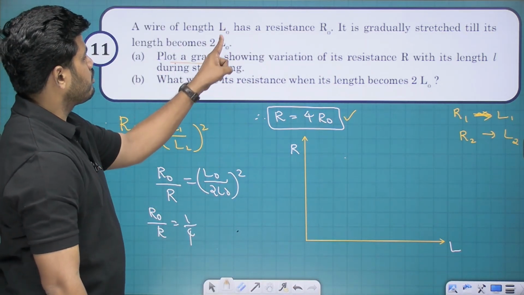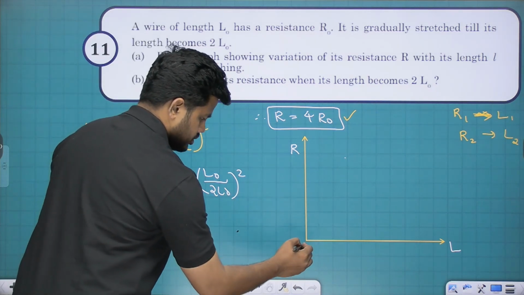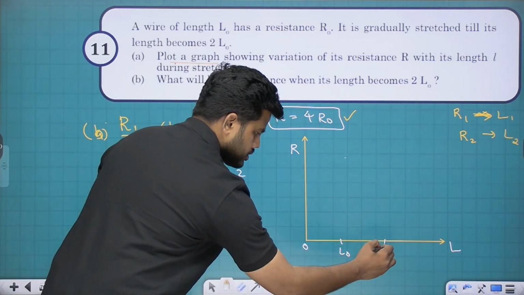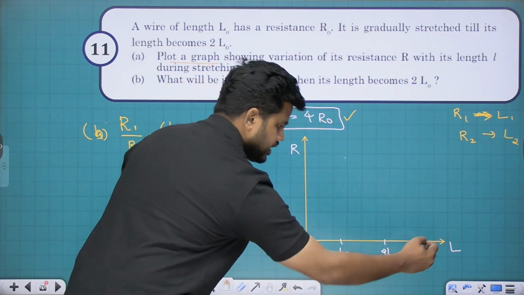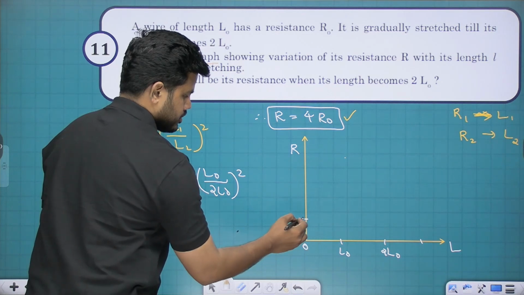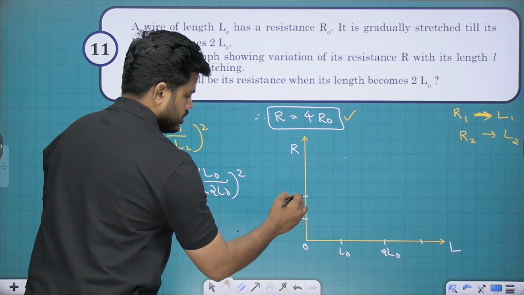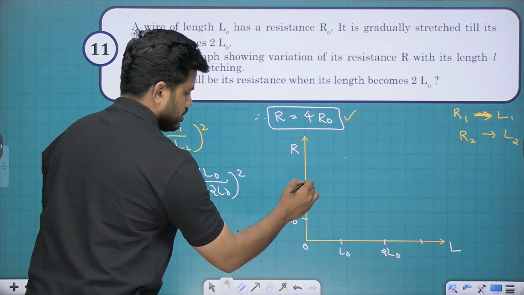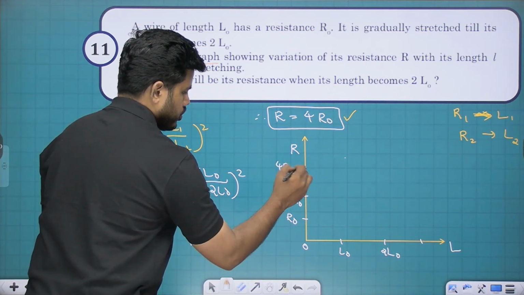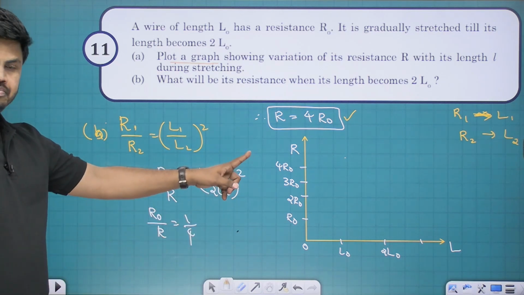So we changed the length from L0 to 2L0, right? So this may be 0, this is L0, this is 2L0, this is 3L0, and so on. And on this side, we have R0, 2R0, 3R0, 4R0, and so on. Suppose that is how the value changes.